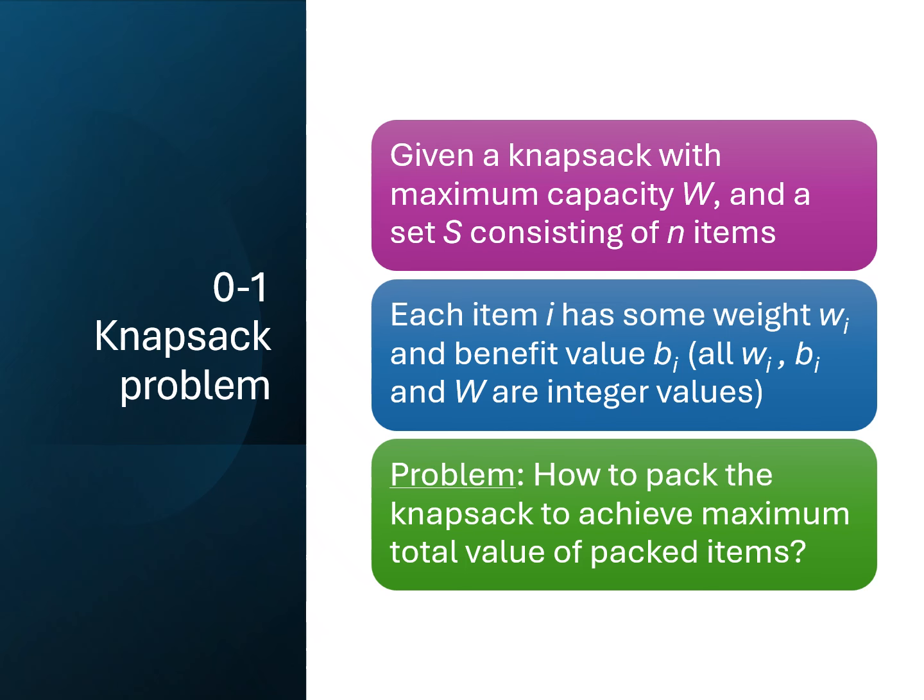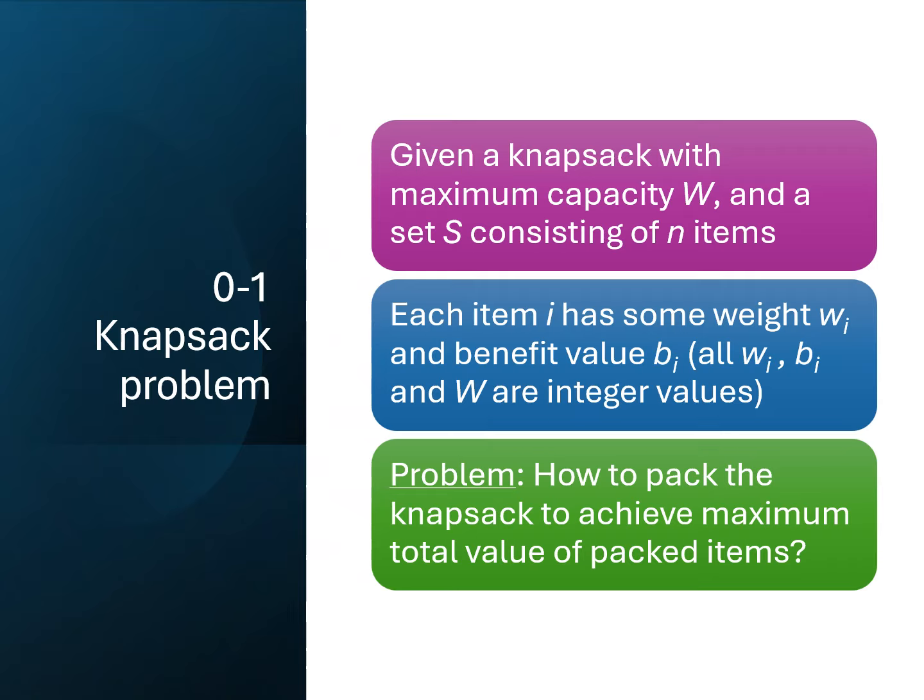Before going to the formal definition of the 0-1 knapsack problem, let's look at a few terms that are used in this definition. W represents the maximum capacity of the knapsack. S is the set of n items, where an item is represented by i. Weight of i means the weight of the ith item.